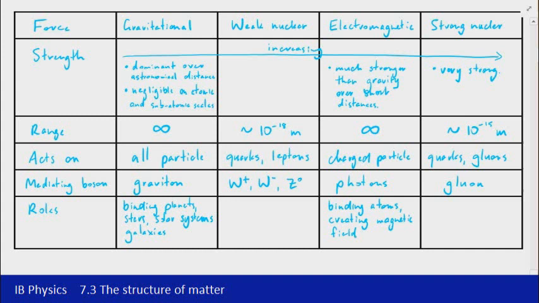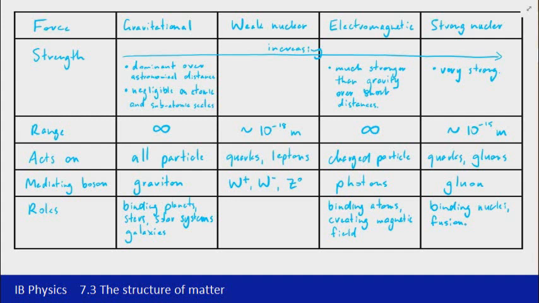As you might be able to guess, the strong nuclear force is responsible for binding nuclei together, and it's also responsible for nuclear fusion. So keeping the smaller nuclei together when they fuse.